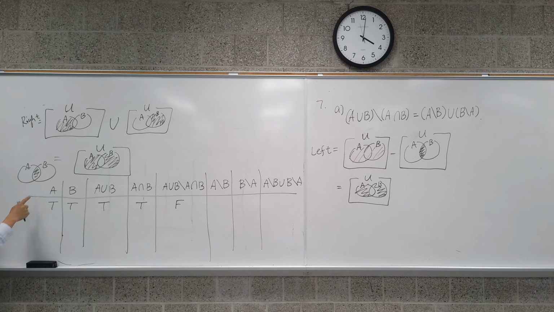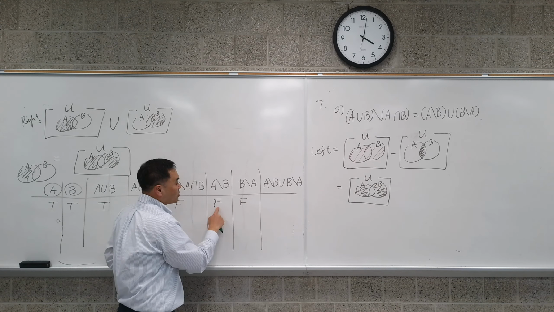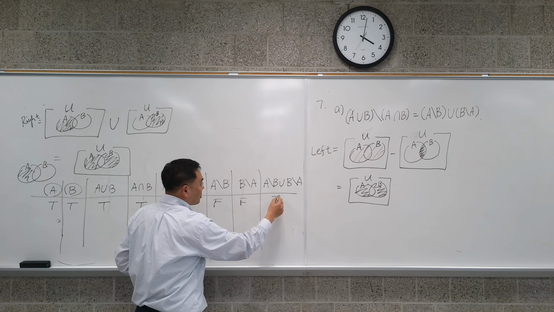No, the answer is no, because A minus B is the collection of these guys right here. It will not contain things that belong to both A and B. So that's a false. And for the same reason, this is false, and if you union both of them, it's false.